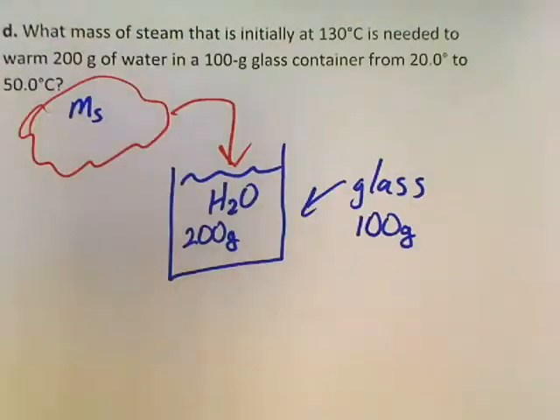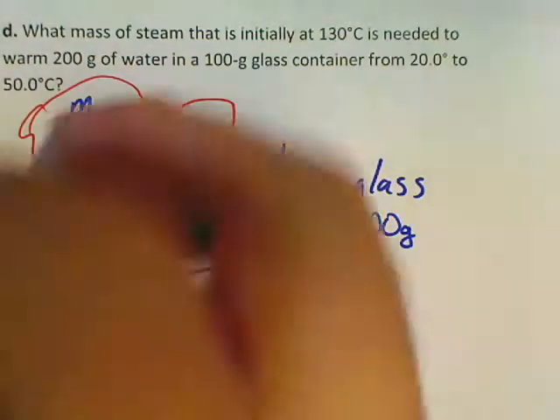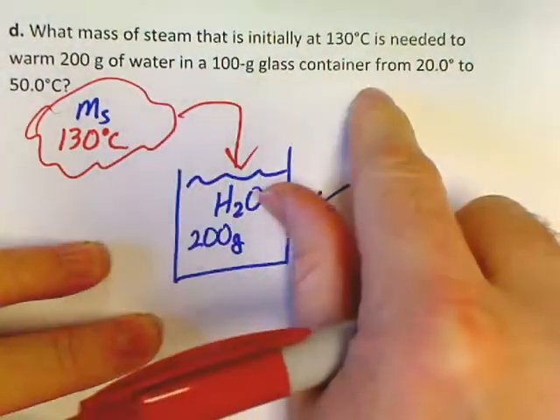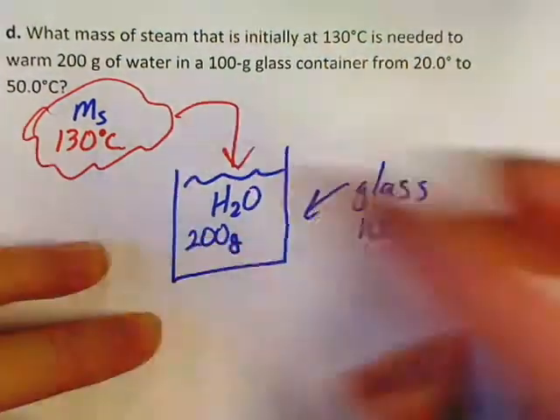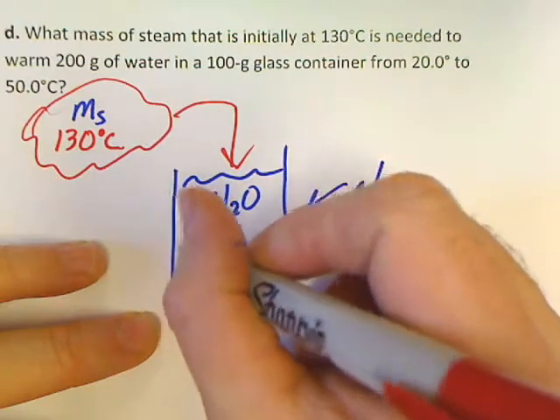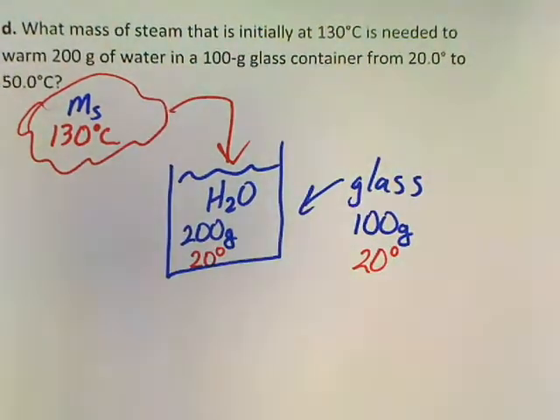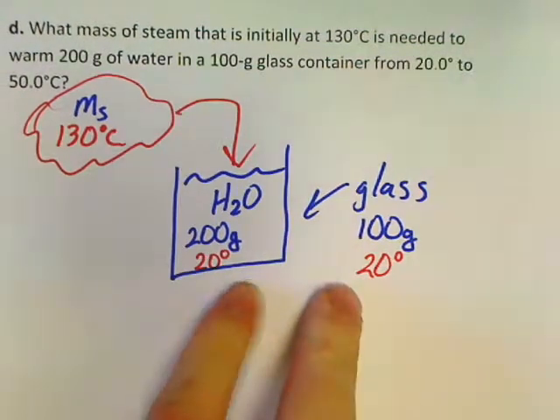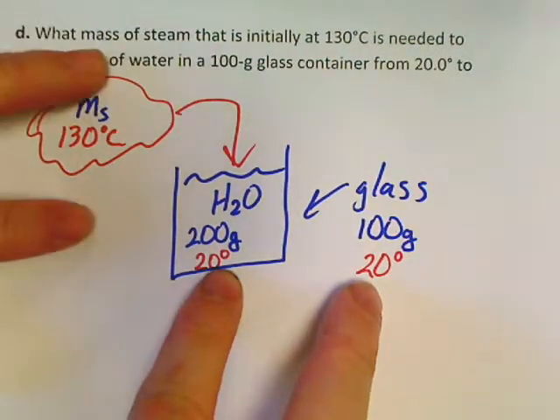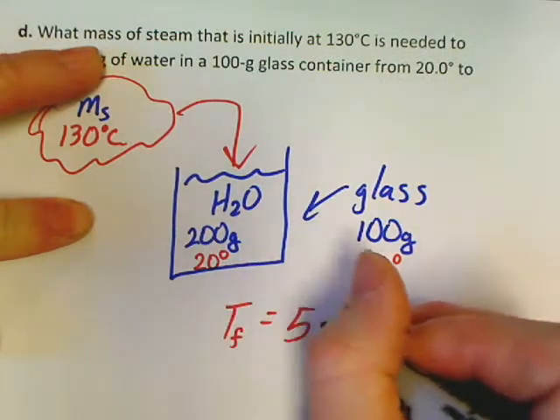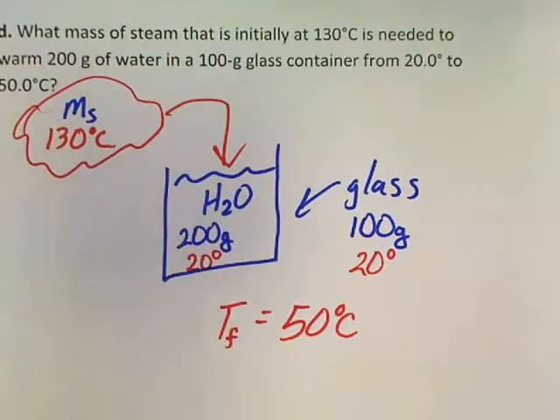But it does tell me that the steam is 130 degrees, and it tells me that the water and the glass are both 20 degrees. You see, the water is 20 degrees, and the glass is going to be 20 degrees. They're both going to be the same temperature because they're touching each other. And what it wants you to do, it wants you to make a temperature final of 50 degrees. It wants you to heat this water up.